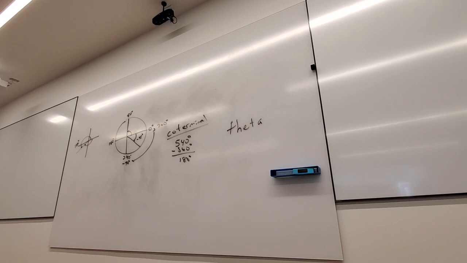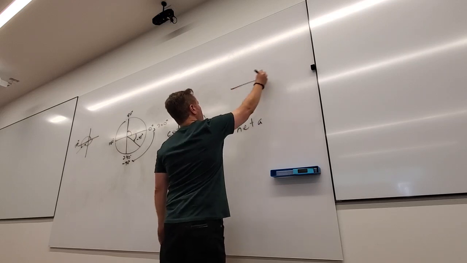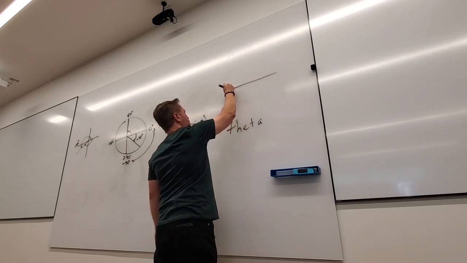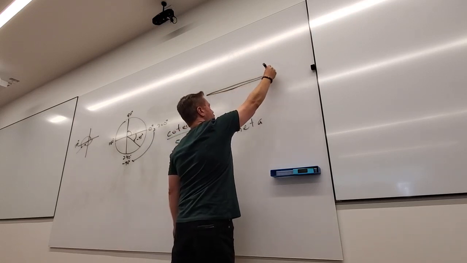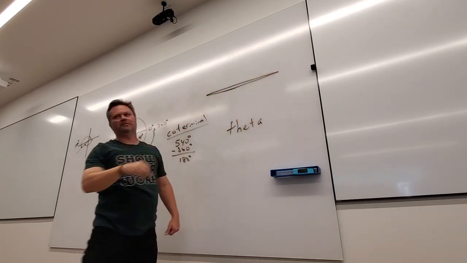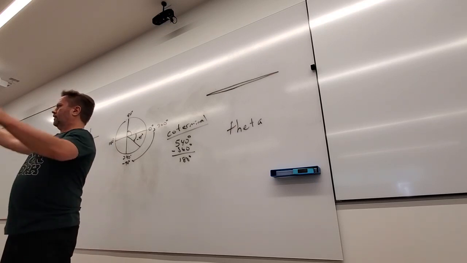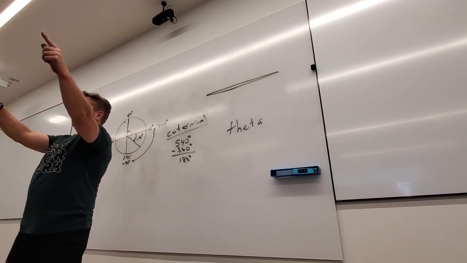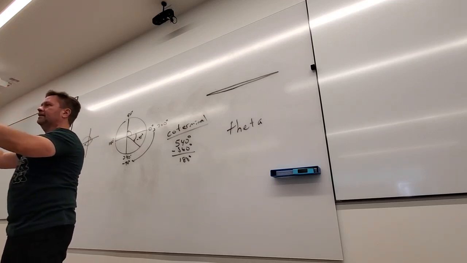The minute you're a little less than 180, you can make this crazy thin triangle. Let me see if I can do it. As long as I'm just a little bit under, I can make this very thin triangle. Give me a little board license on that. It's not easy, but a triangle exists, yes?